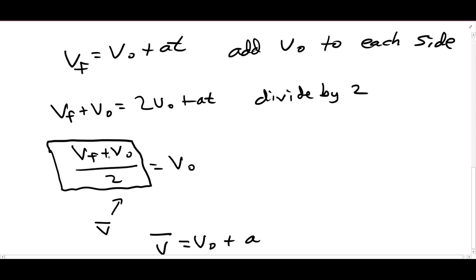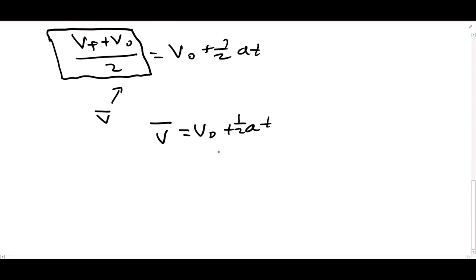Okay. So that's 1/2. That carries down. Thought it looked odd. So now we have this form. But what we can also do is, do you remember what else this guy was equal to?